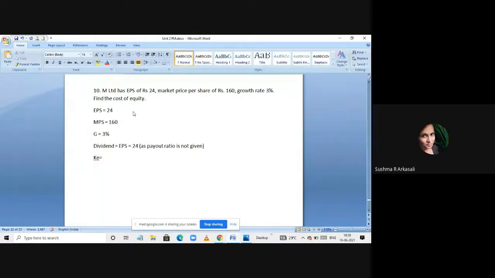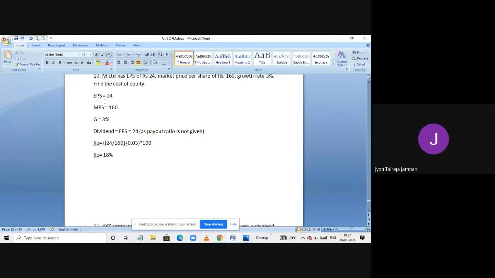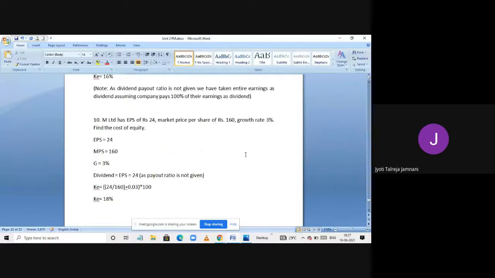18, ma'am. 24 divided by 160 into 100, plus 3%. Yes, you're getting it as 18%. Yes, ma'am. 18%. It is similar to the above sum.